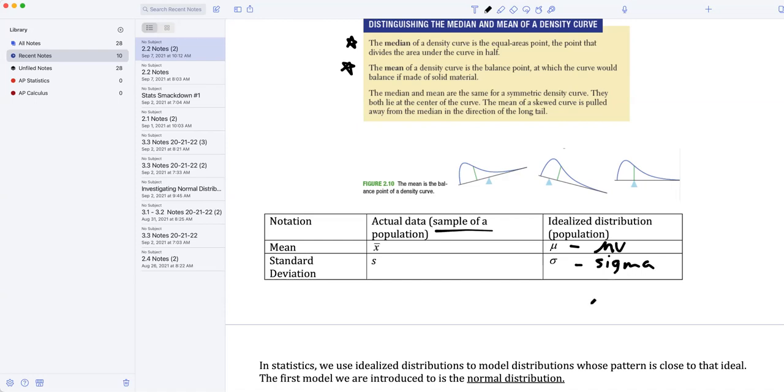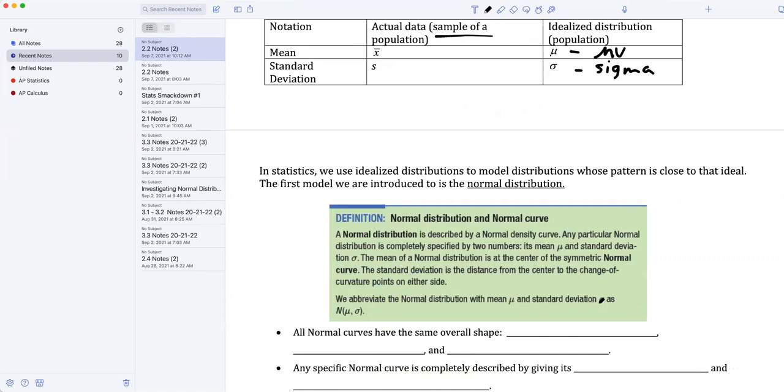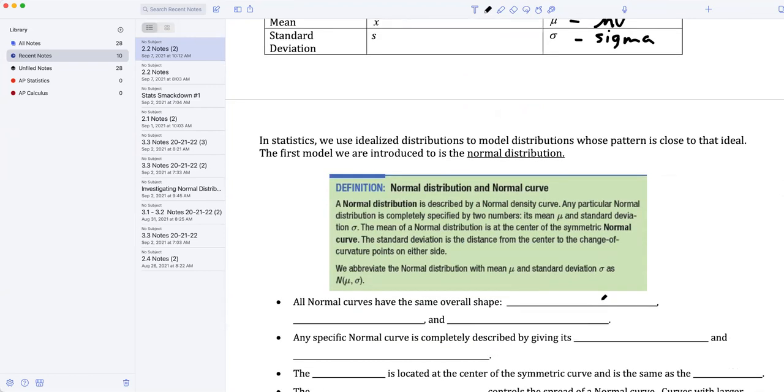Okay, so we have what is called a normal distribution, which is fairly important in stats. If we use an idealized distribution, a model distribution close to that ideal, we're talking about a normal distribution. So any normal distribution we can describe with two things, okay? The notation is like this.